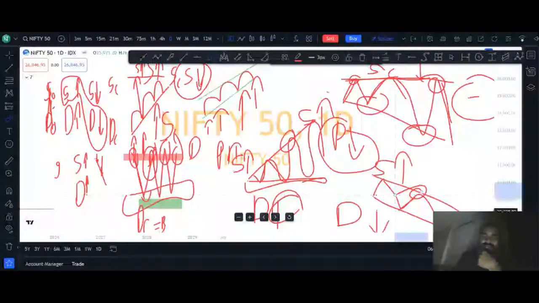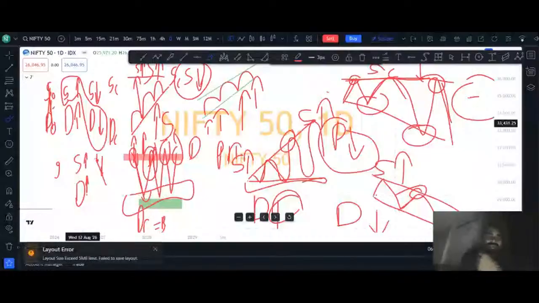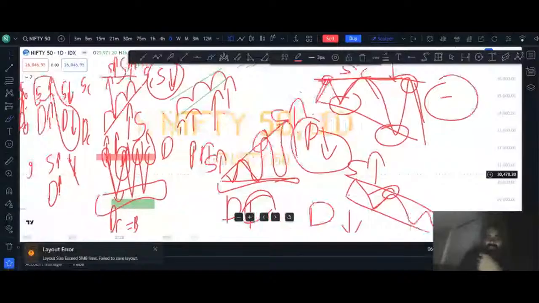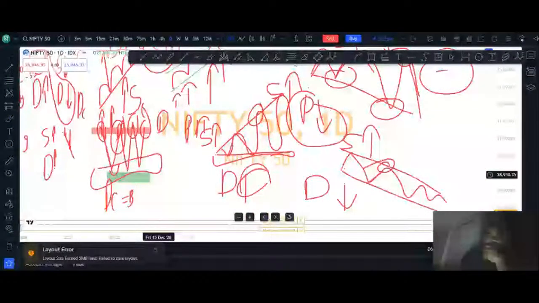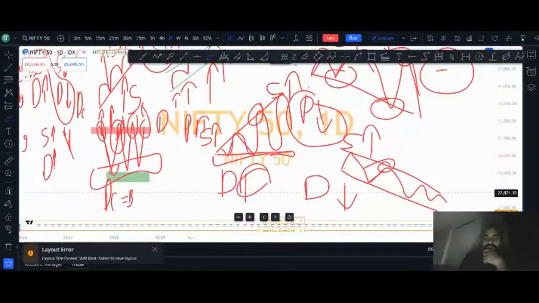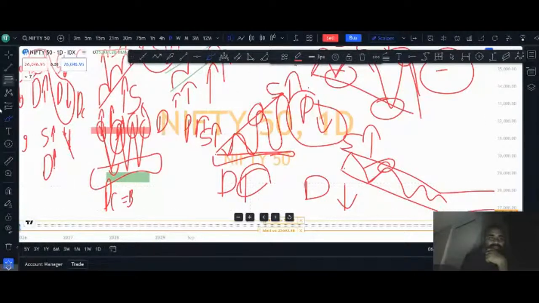See here. If we need a breakout of the channel, means anyone has to, at this point, after that the market may go like this, right?